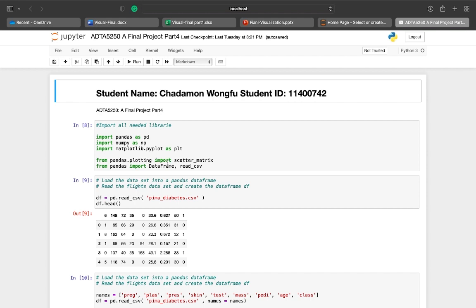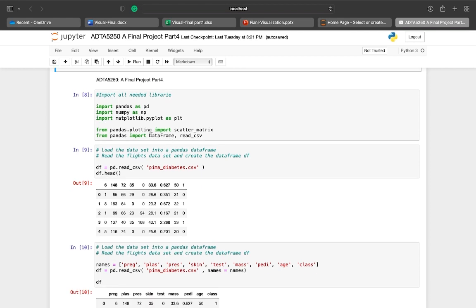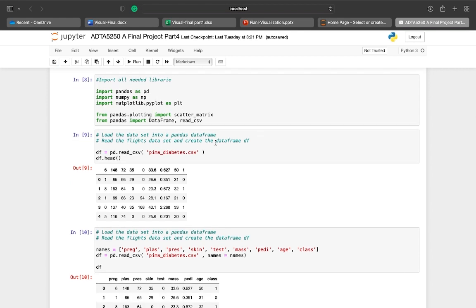Yes, and we're going to do a scatter plot, so we import scatter_matrix here, and we import pandas to read the data frame and read CSV because our dataset is CSV. Then we're going to load the dataset into the pandas data frame. Here, df equals pd.read_csv. This is our dataset here.